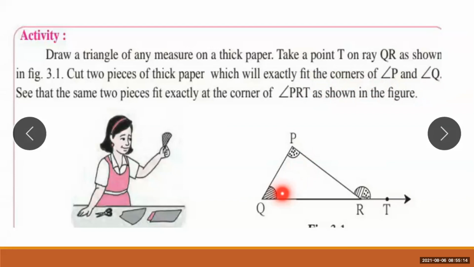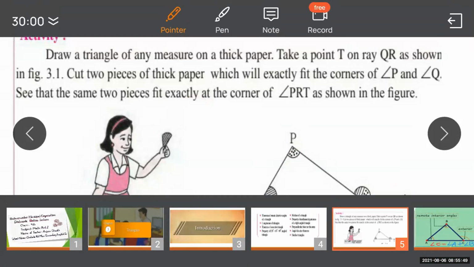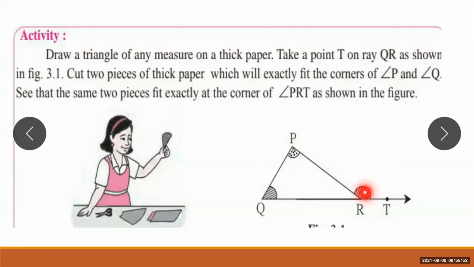Now take these two cut pieces and try to fit it at the corner of angle PRT. Now, where is the angle PRT? This PRT means here you can see. You will see there that those two pieces get exactly fitted to this position.